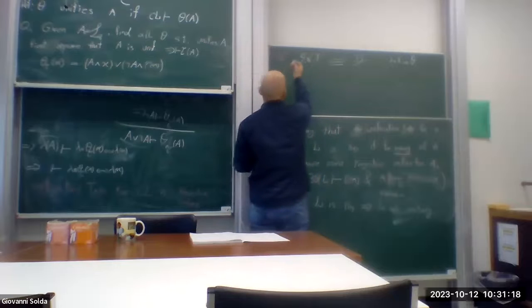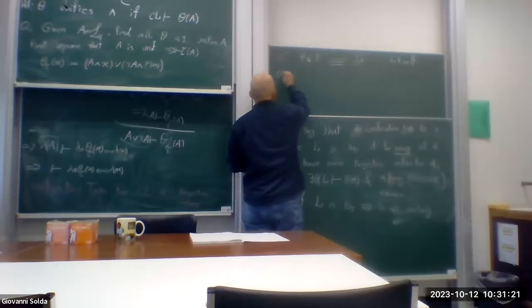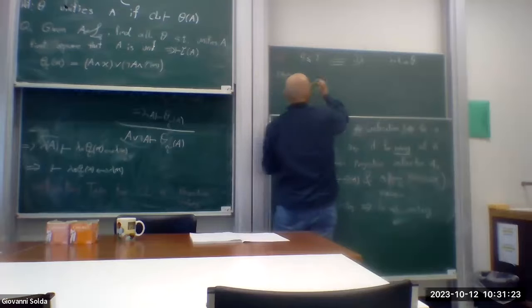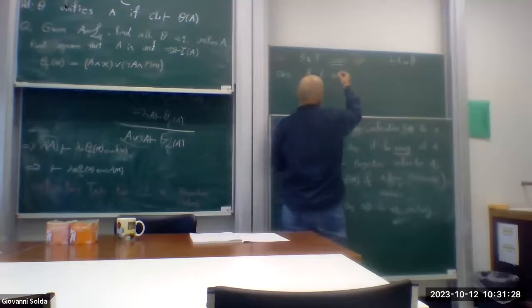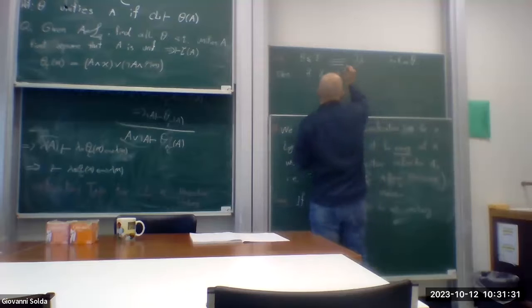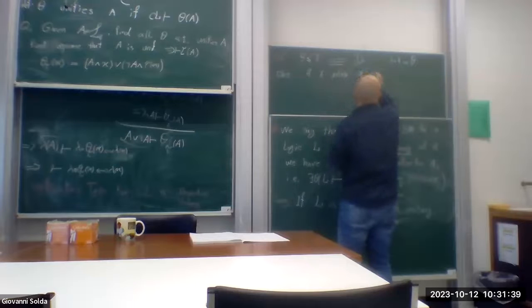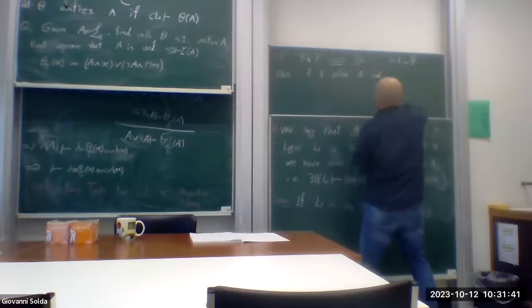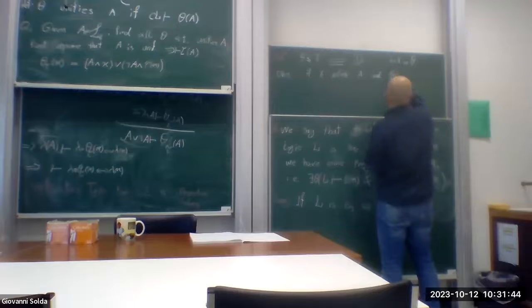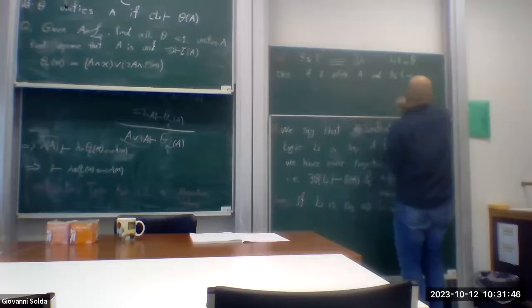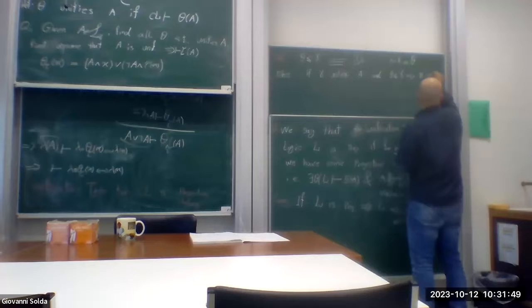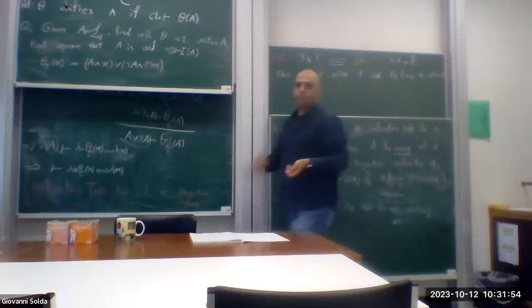So, as a trivial observation, we can say that if gamma unifies A and theta is less general than gamma, then theta unifies A within a logic.